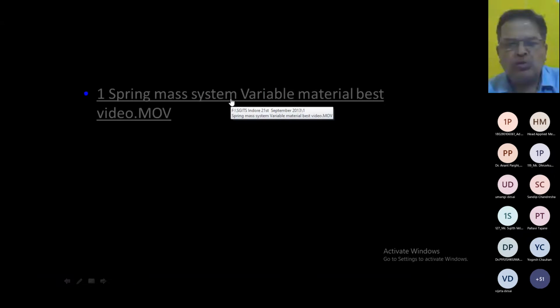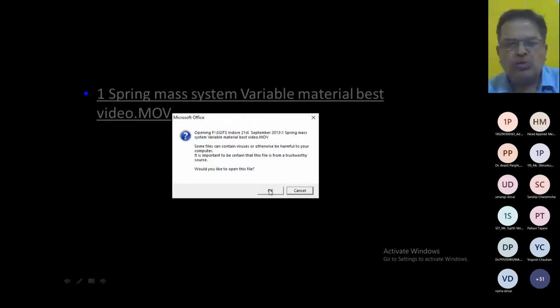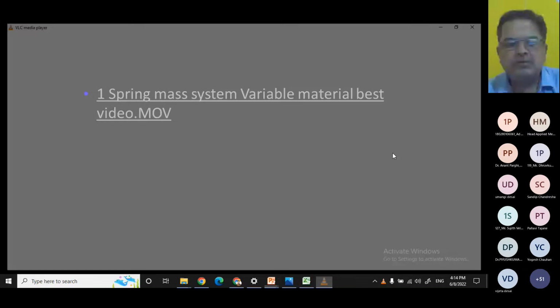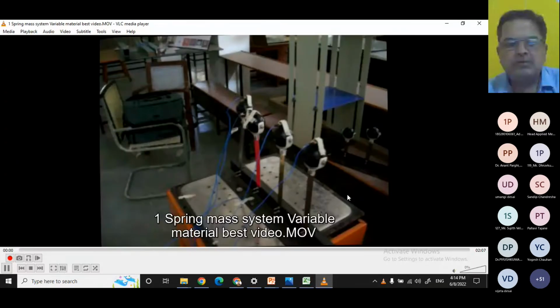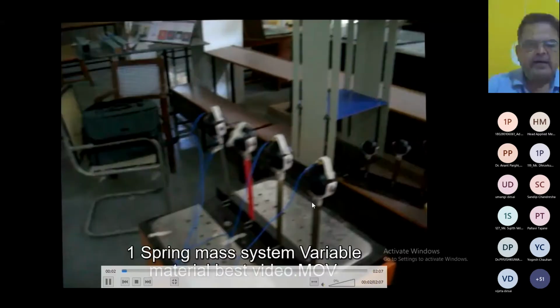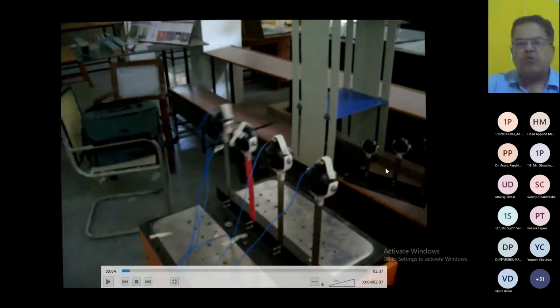So here I want to show you how we perform the test, right? So just look at the test. This test is very important for us. You see, here we are placing 4 models, right?